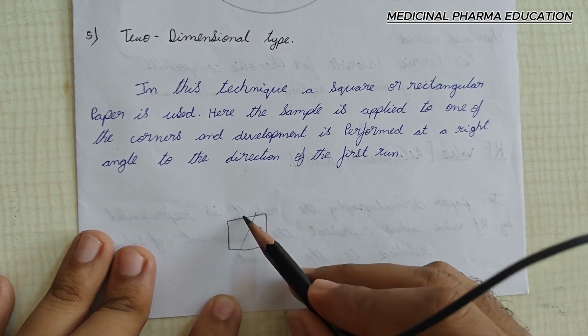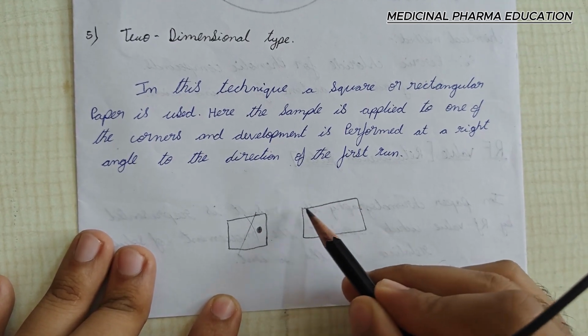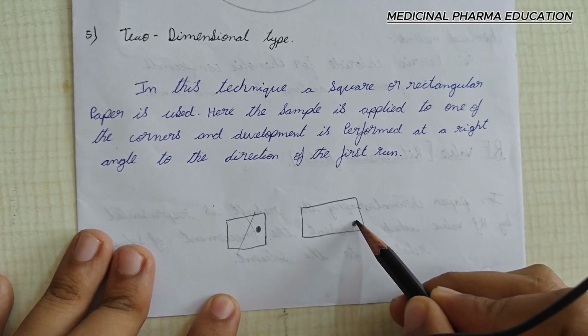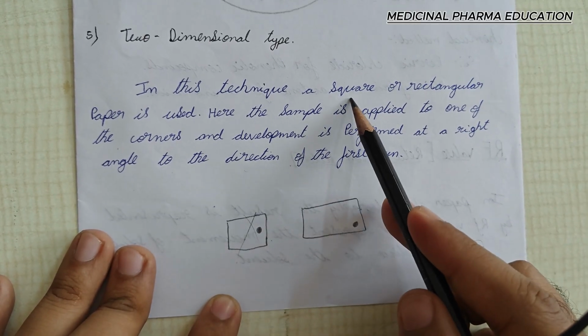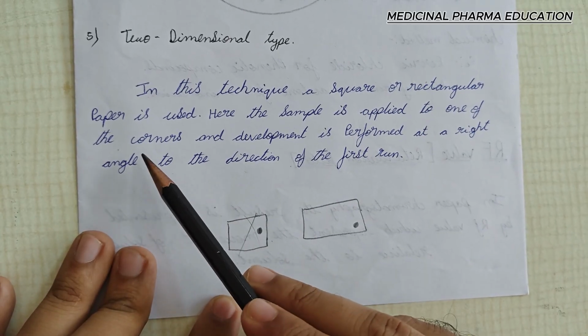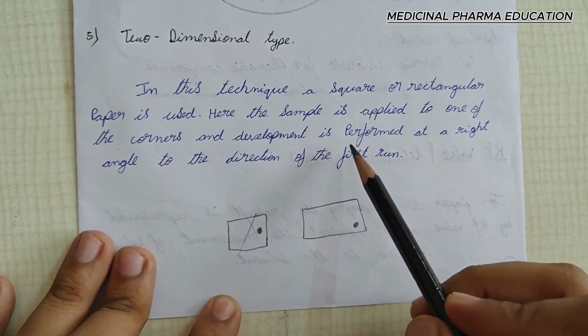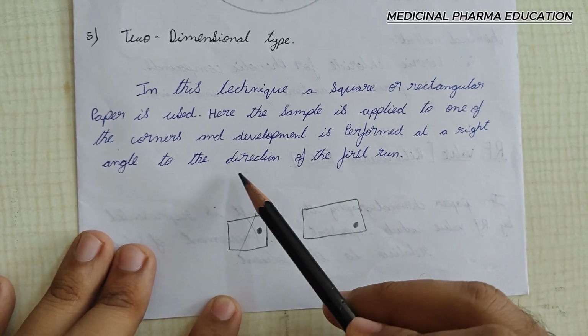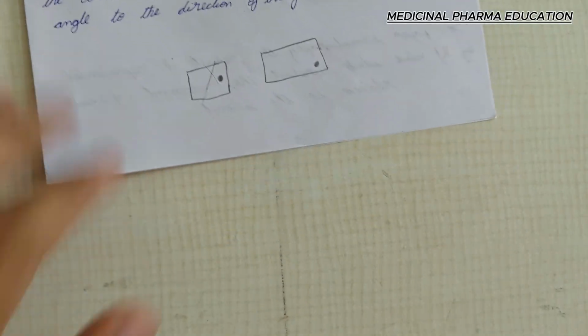We will place the drop at the edge. Okay, in this technique, a square or rectangular paper is used. Here the sample is applied on one of the corners, and then development is performed at a right angle to the direction of the first run.